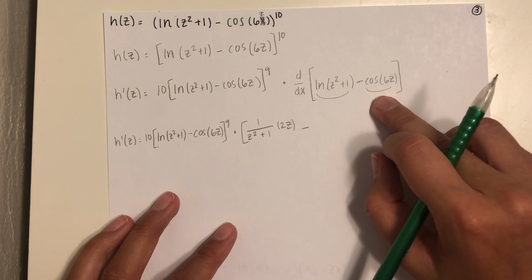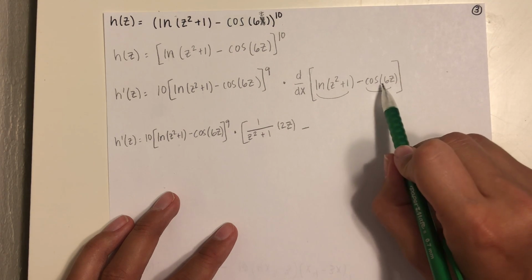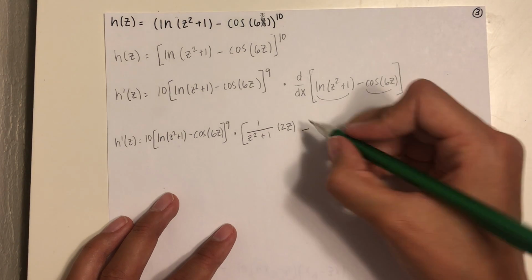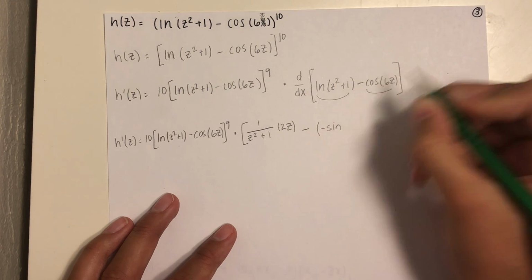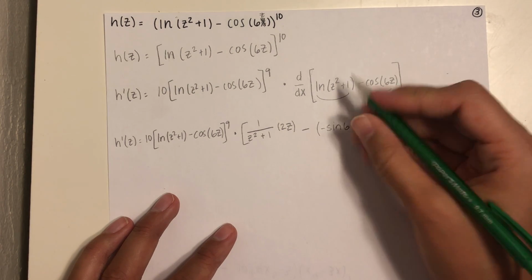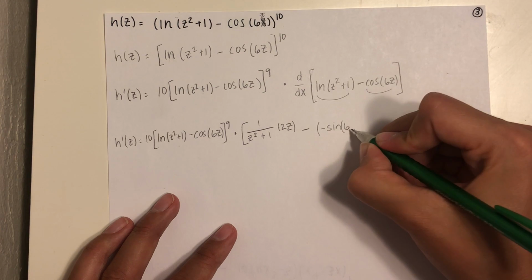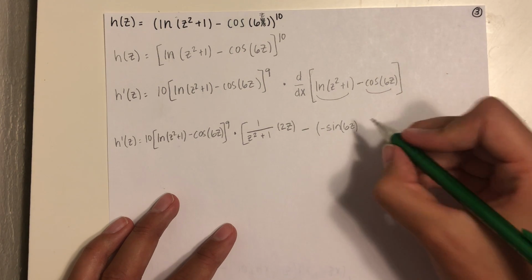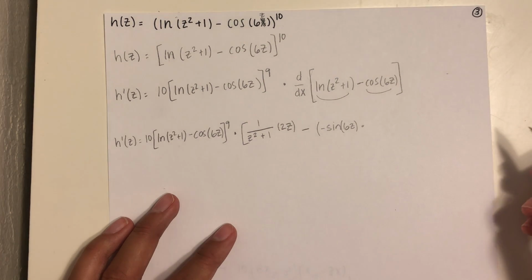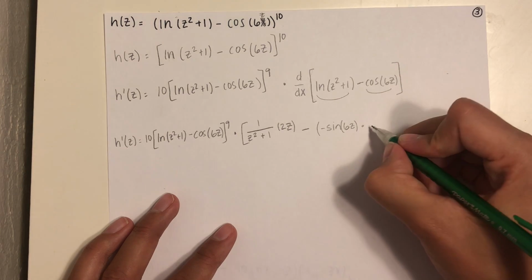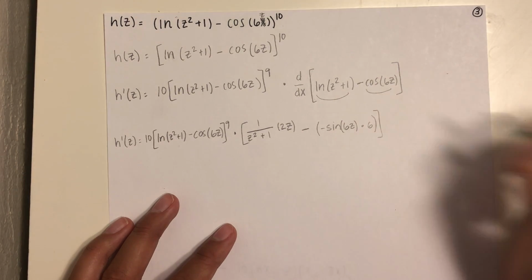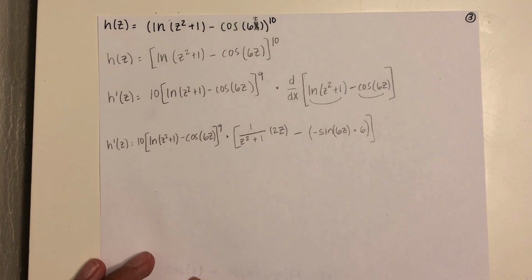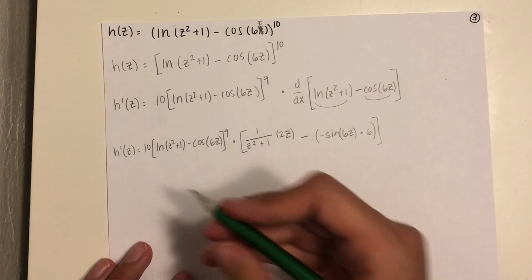Same thing here. We're going to take the derivative of cosine, which is negative sine. So we're going to subtract negative sine, leave it alone. So negative sine of 6z multiplied by the derivative of 6z, which is just 6. And then boom. And now all we have left to do is write everything pretty.